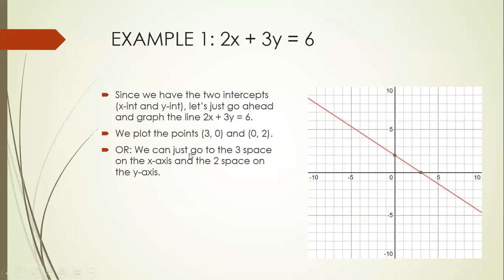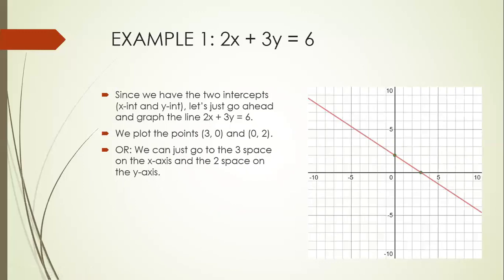Okay. To graph it, all you do is you plot your 2 points. We said the x-intercept is 3, 0. We go 1, 2, 3, 0. That's 3, 0. The y-intercept is 0, 2. 1, 2, 0, 2. Or we can say, well, x equals 3, right?